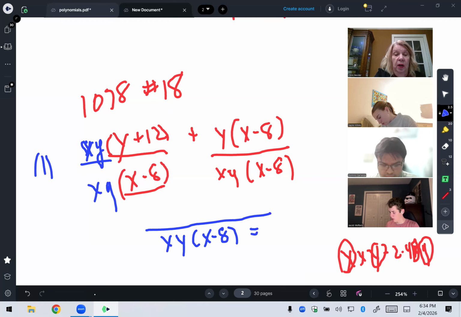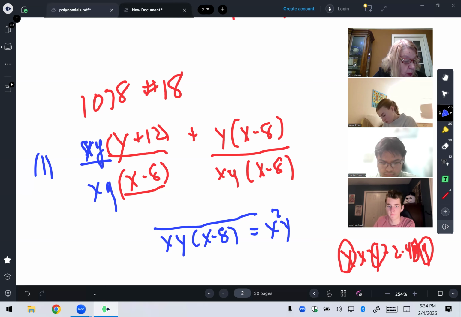which when I distribute it, whoops, is going to give me x squared y minus 8xy.